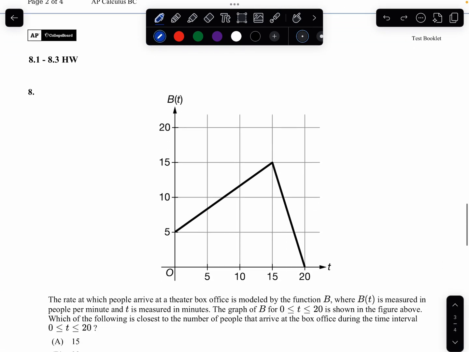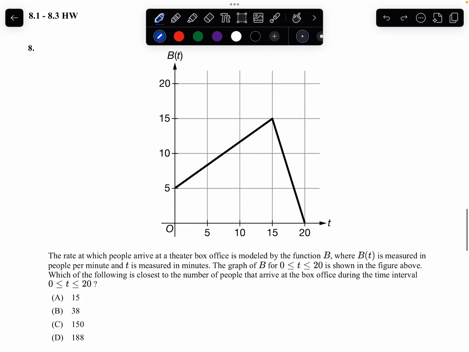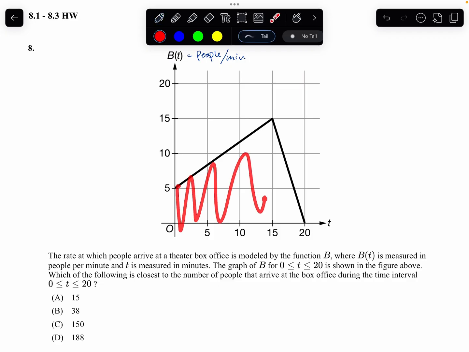Okay, so for 8, the rate at which people arrive at a theater box office is modeled by the function b, where b of t is measured in people per minute. So b of t, this is people for every minute. That means the value underneath the curve is the number of people.